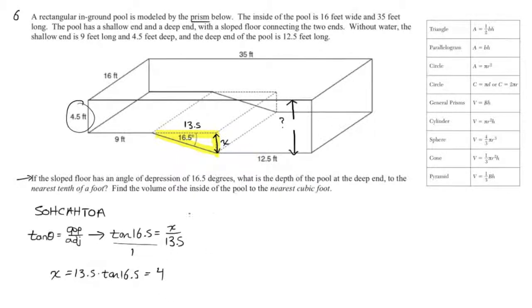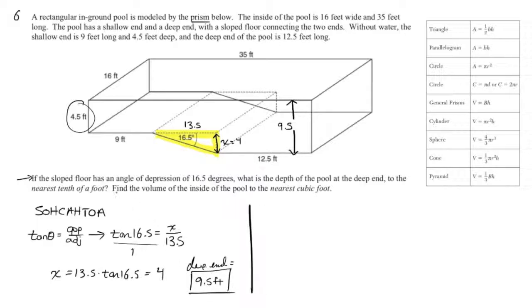It wants to be 4. So x here equals 4, and thus the deep end is going to be 4 plus the 4.5 on the shallow end. So we know that to be 9.5. That answers the question there. So I guess I'll write here that the deep end is 9.5 feet.